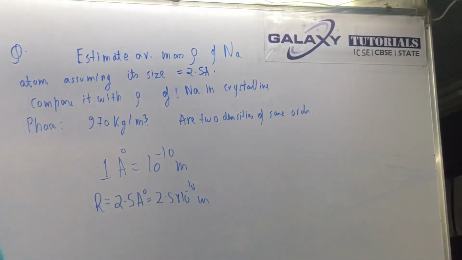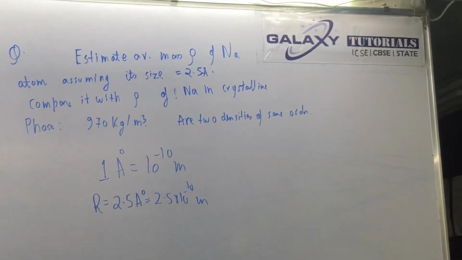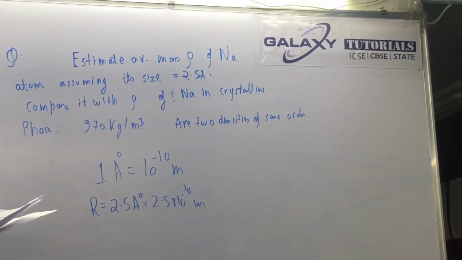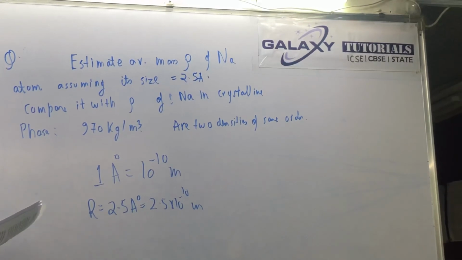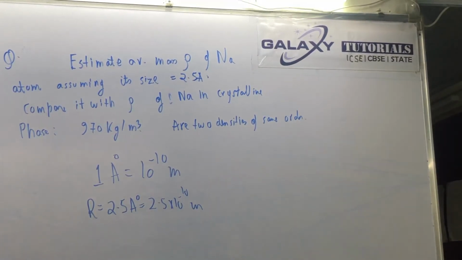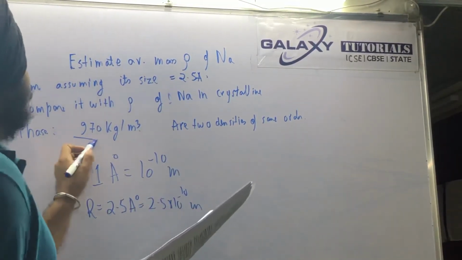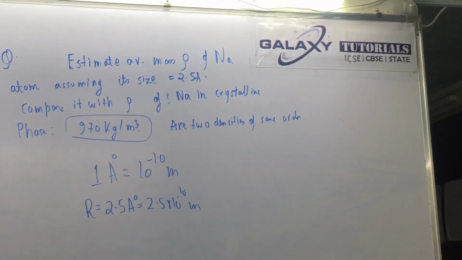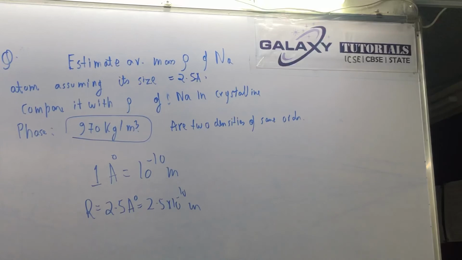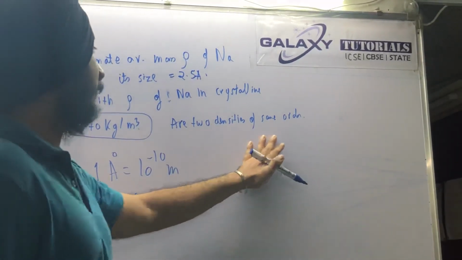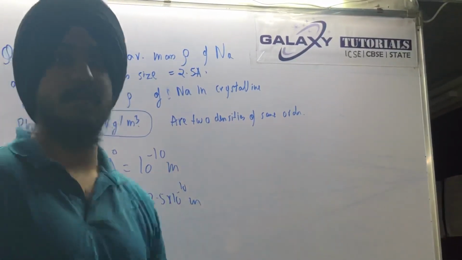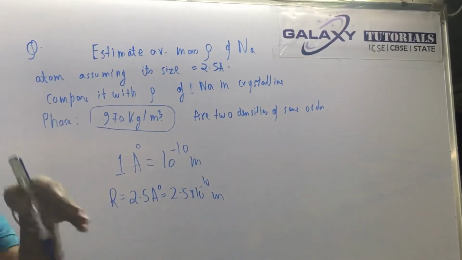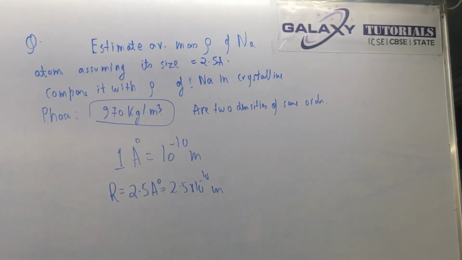We have to find its mass density first, and then compare that density with the density of sodium in crystalline phase, and see whether the densities are of the same order. We have studied what order is, right? It is the power that we raise the 10 to. We will see that in detail.